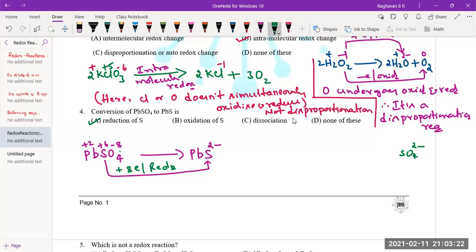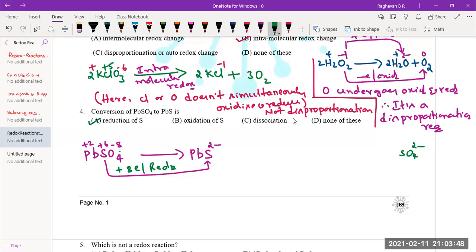Now Pb is 2+, and 4 oxygen, each oxygen is -2 into 4, -8. Now to balance total negative charge, -8, Pb is +2. How many more positive charge should be there on sulfur? +6. So +6 +2, totally +8 becomes equal to -8. Is balanced. So that's how exactly we calculate oxidation state of sulfur.